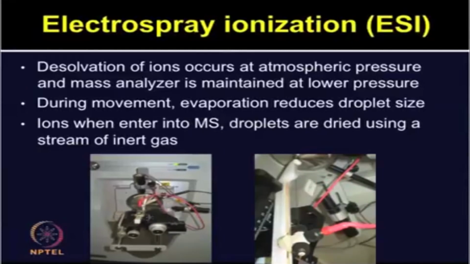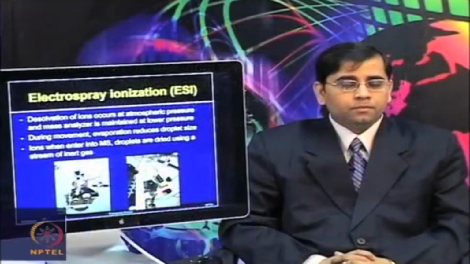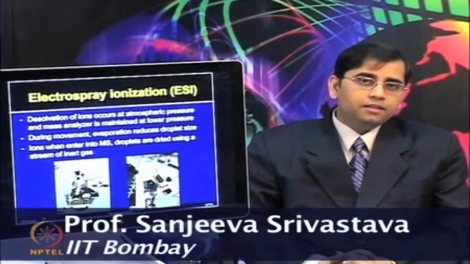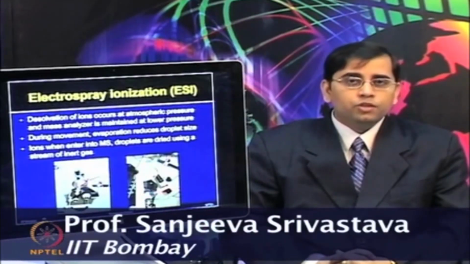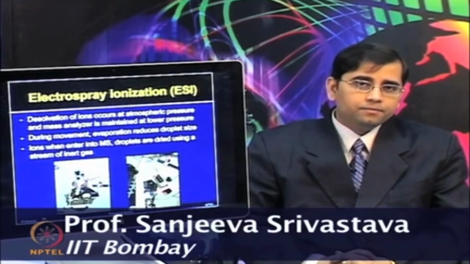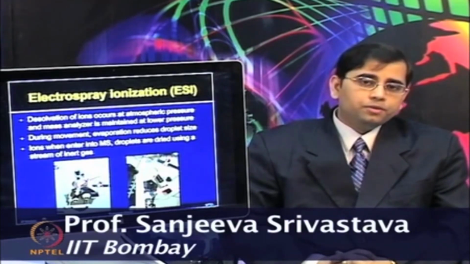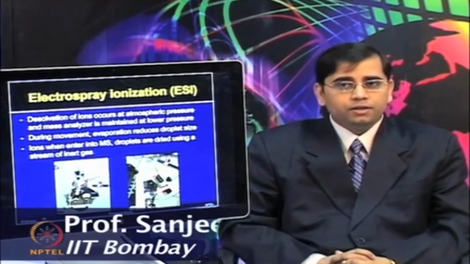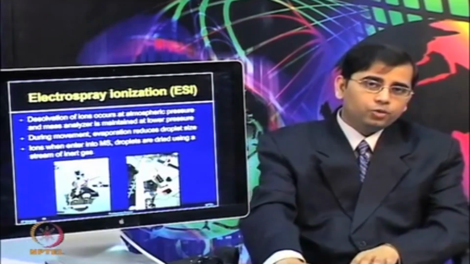During movement, the evaporation reduces the size of the droplets and then they split into smaller charged droplets. When ions enter the mass spectrometer, the droplets are dried using a vacuum of inert gas, which results in gas phase ion acceleration through the analyzer towards the detector.